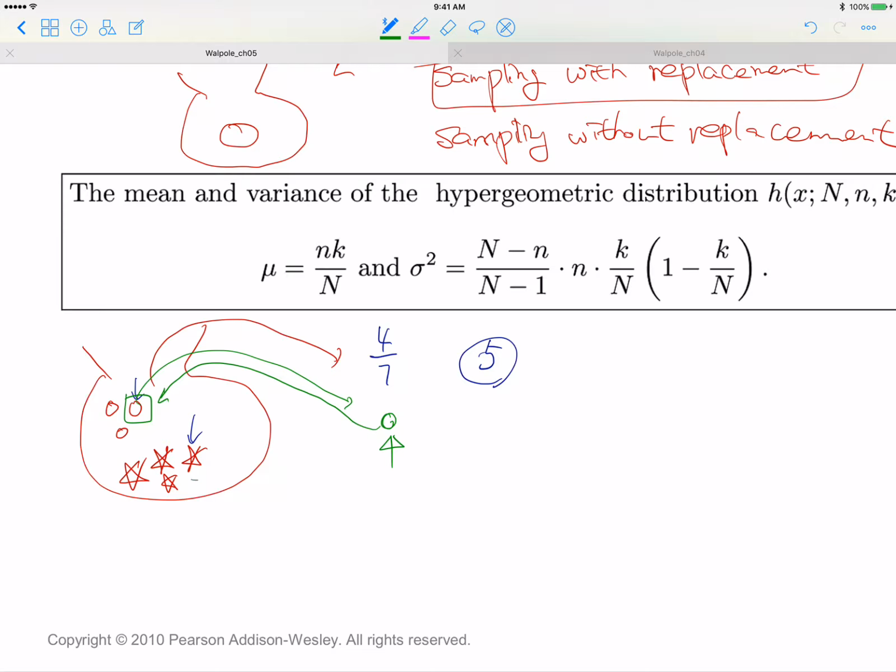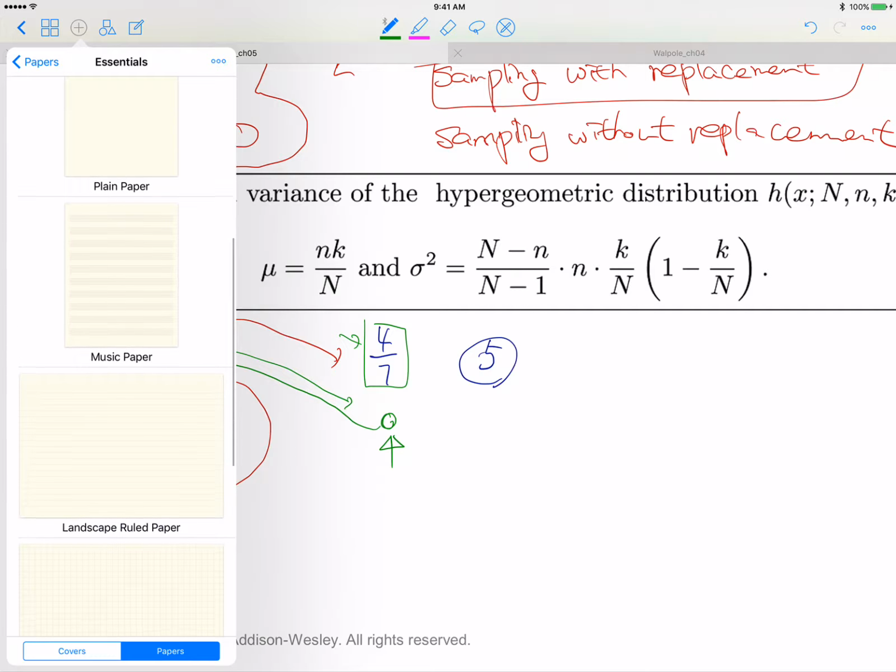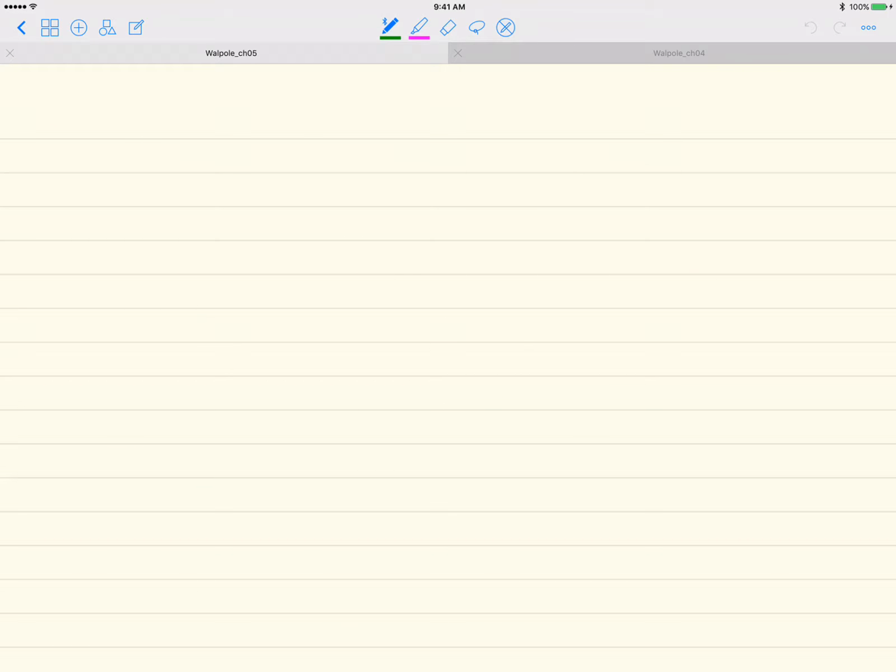So the probability of picking up the star will be 4/7, but in the next sampling step this probability will remain the same if we put the ball back into the basket, right? So we consider these two different situations. The binomial distribution can be viewed as this type of process.